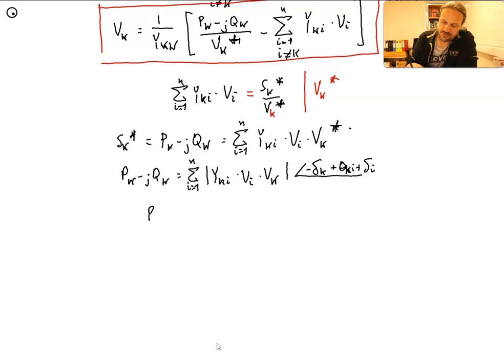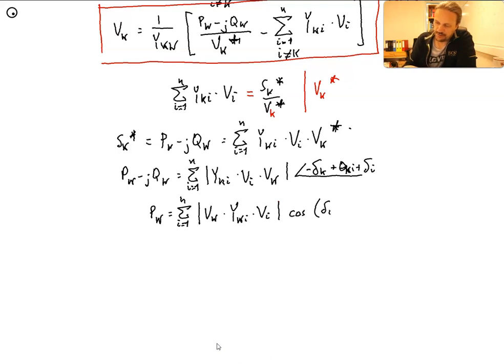And for Newton-Raphson, I want two equations. So I'll look at the active power, PK. So that's going to be the cosine. So that's nothing but the sum of I equals 1 to n of, just to clean up a little bit, I take VK first, times YKI times VI, and then I have the cosine of delta I minus delta K plus theta KI.